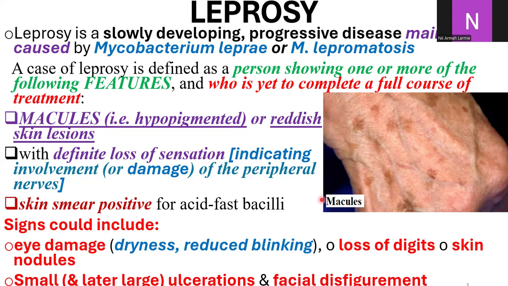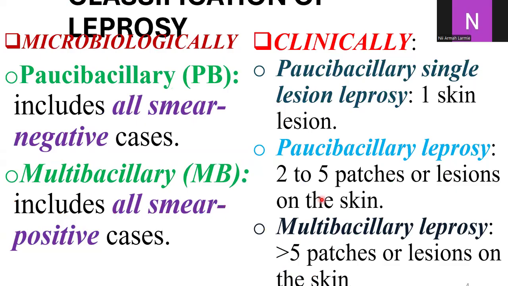Clinically, we put leprosy into two categories. And that categorization is basically based on two approaches. If it is the microbiology that is being checked, if we are looking for the presence of the bacteria in the smear, whether it's there or not, we describe that as the microbiological approach. And in that case, we have smear positive and smear negative.